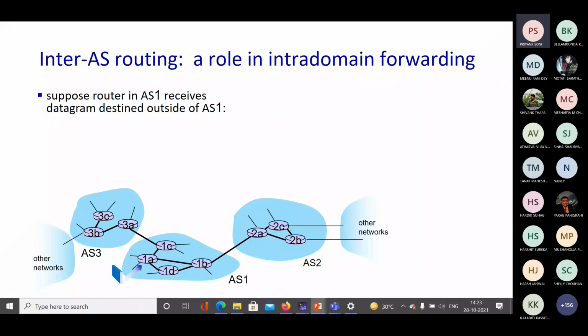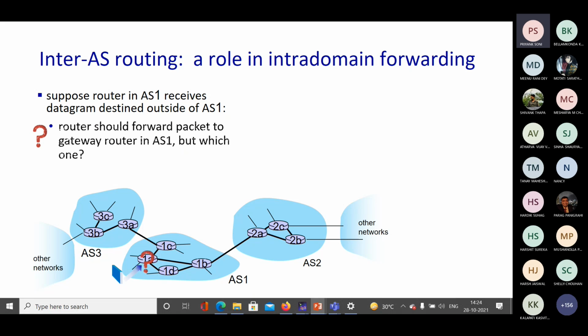Okay, so now inter-AS routing. Suppose a router in AS1 receives a datagram that is destined outside of AS1. Suppose this router 1A receives any datagram that has to go out of AS1, somewhere outside it.